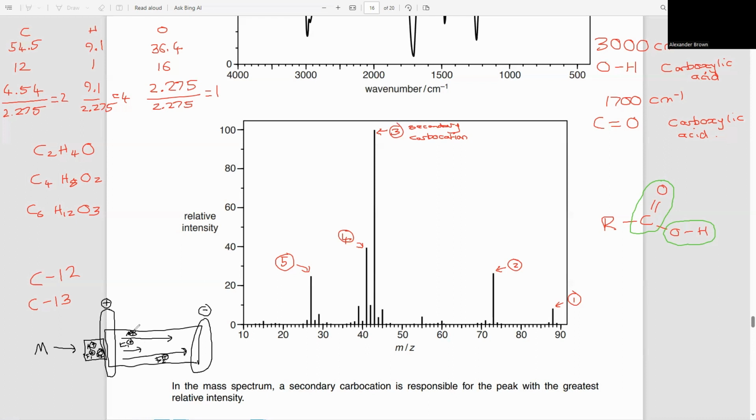So it's going to take a long time to move through this chamber. Whereas fragments 1 and 2 will be quicker than the M because they'll be lighter, because they've lost some of the atoms that M had. So depending on the size of F1 and F2, one of them is going to reach the end of the chamber first and hit the detector first. And this is an example of a time of flight mass spectrometer.